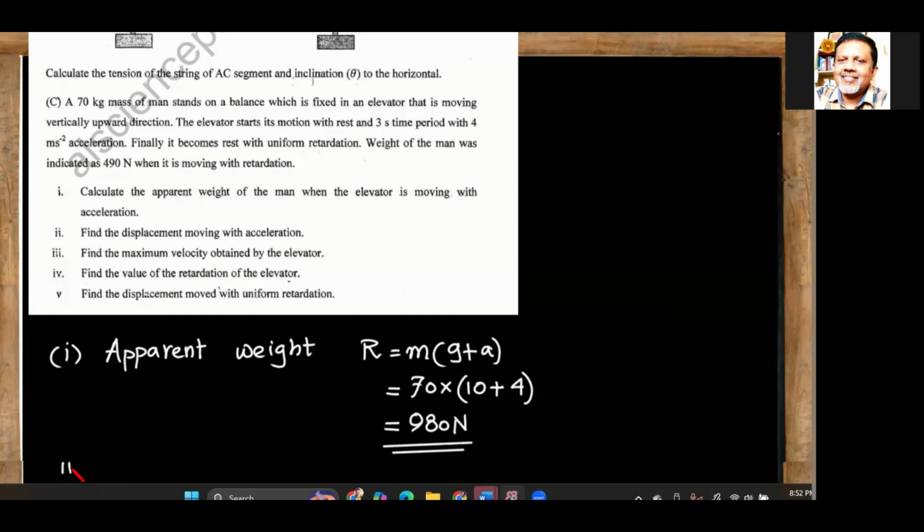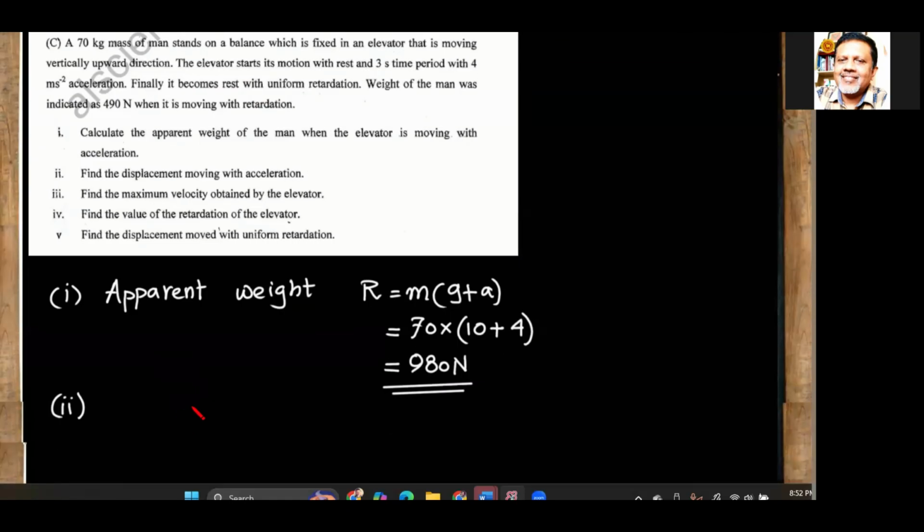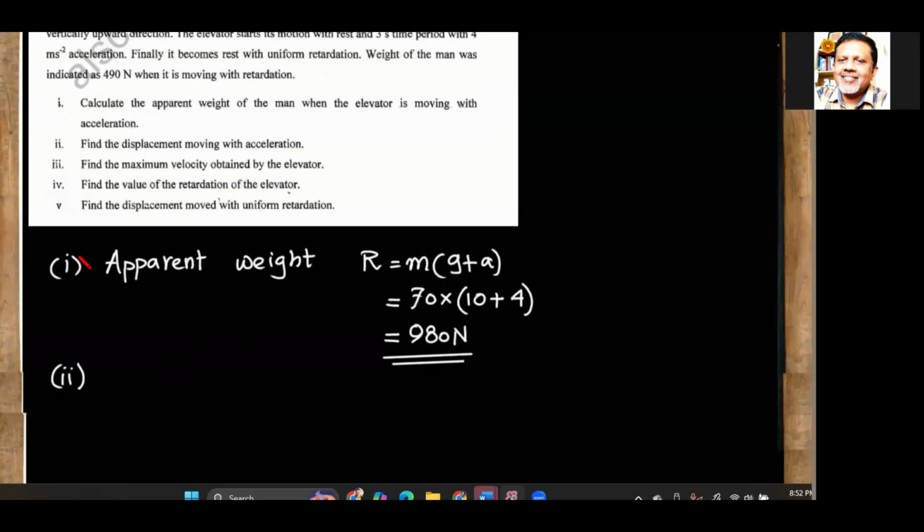Okay. Second part. Find the displacement moving with acceleration. The displacement moving with the acceleration, if you apply something like s equal to ut plus half at squared, then we can calculate the displacement simply.